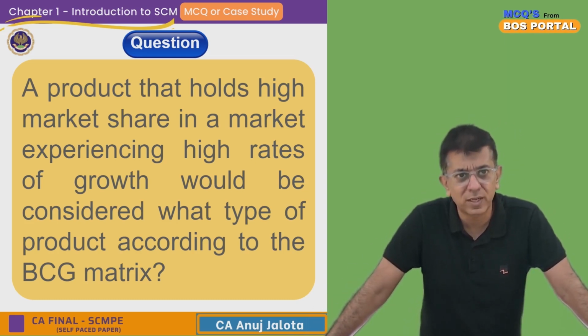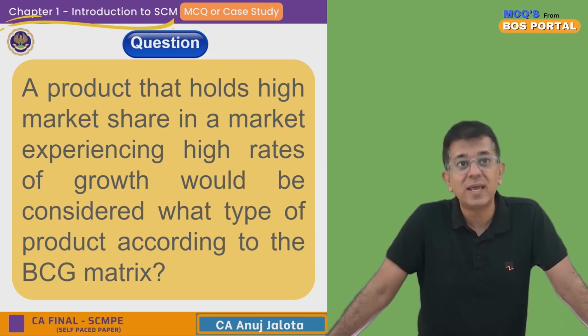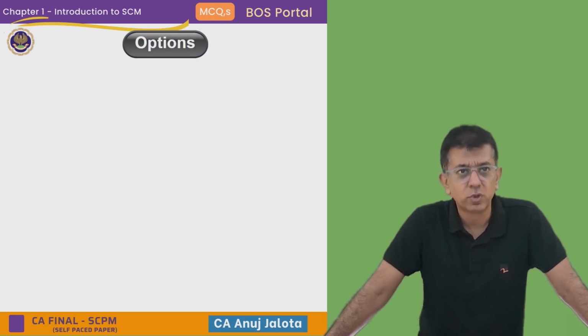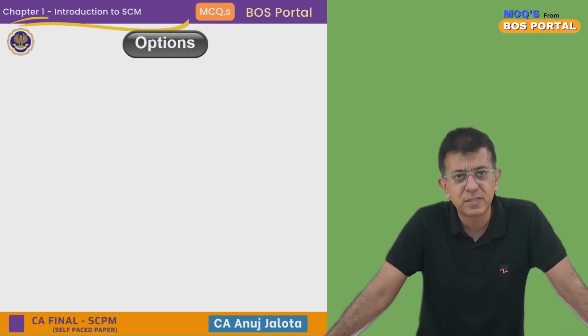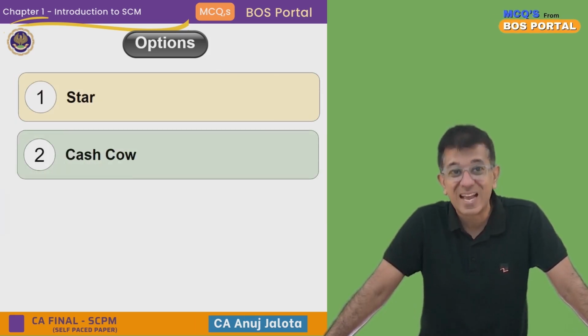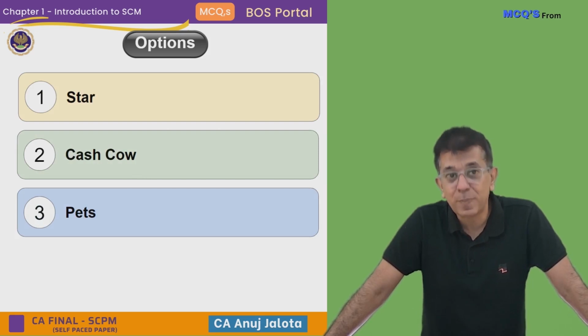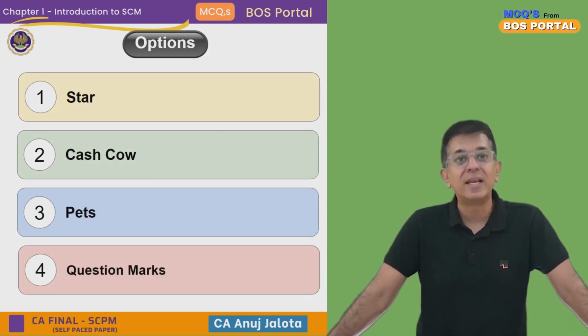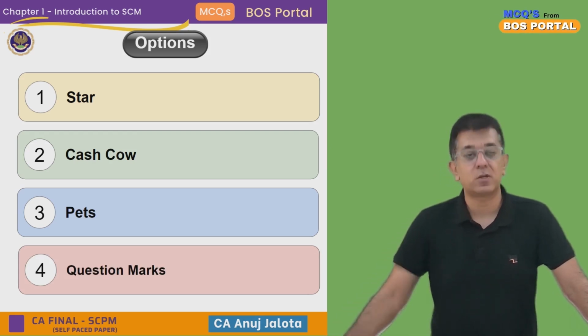In the BCG matrix there are 4 types of products: either a star product, a cash cow, pets, or a question mark.